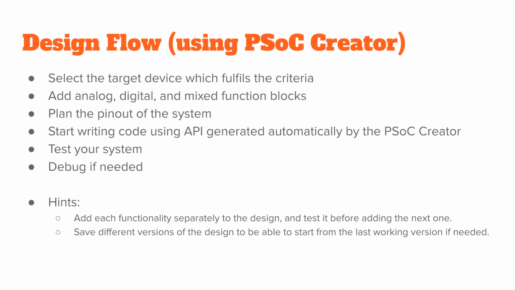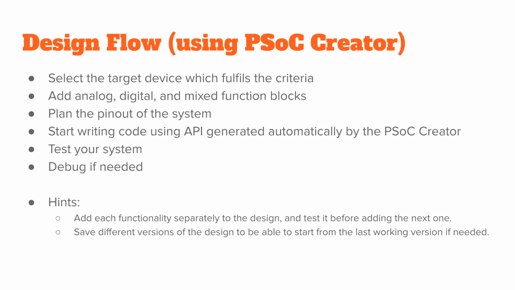But anyway, you need to select the target device. In the beginning you start with what is available and the highest power I would go. So basically this is why Cypress is providing this quite capable processor in this cheap 10 USD design kit.